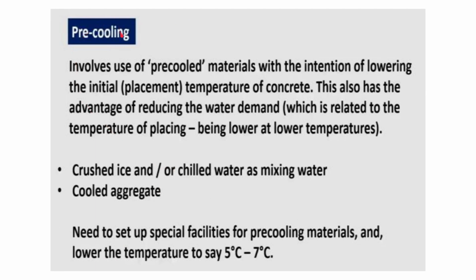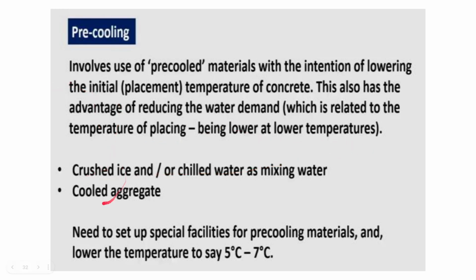Let us go more deeply into pre-cooling. Pre-cooling involves use of pre-cooled materials with the intention of lowering the initial placement temperature of concrete. This also has the advantage of reducing the water demand, which is lower at lower placing temperatures.